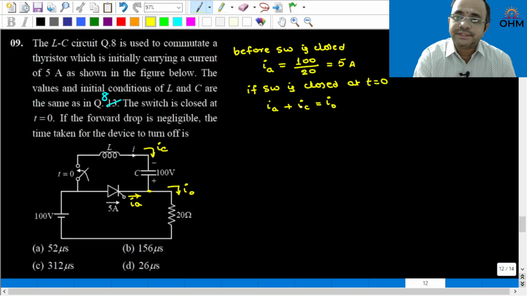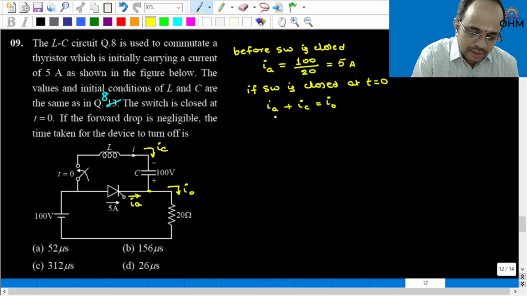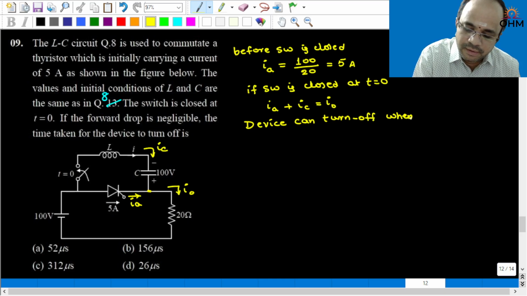Now, this IC is given by the previous question, this equation 10 into sine of 10 power 4 t. Now, here we need to find out how much time the device will take to turn off. The device, here the SCR, can turn off when IA is equal to 0.